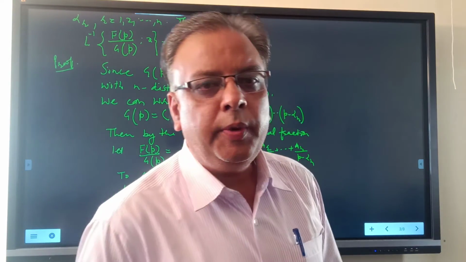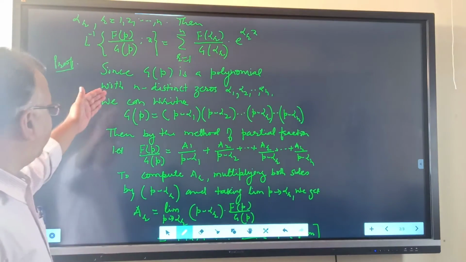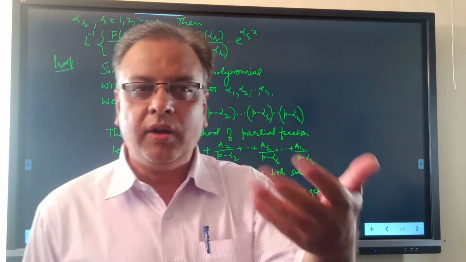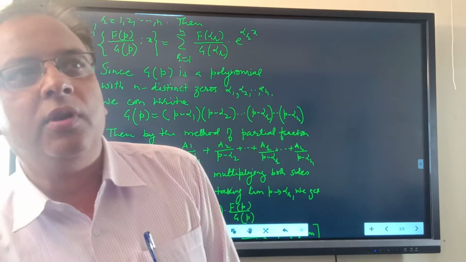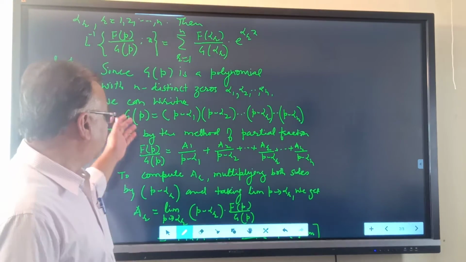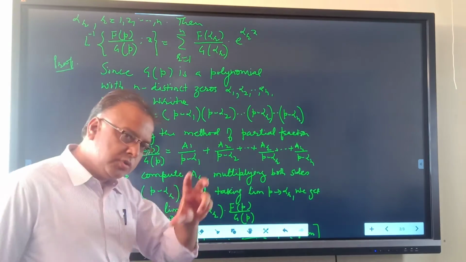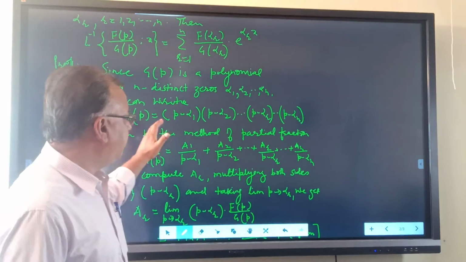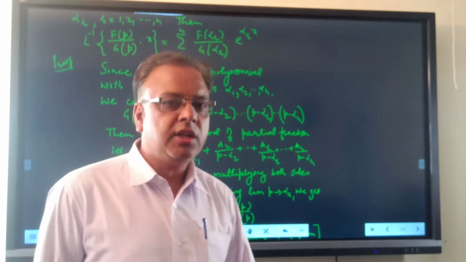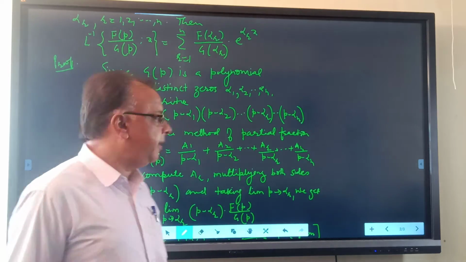since the denominator function G(p) has n distinct zeros, G(p) can be written in this form. If alpha 1, alpha 2, alpha 3, alpha r, up to alpha n are the zeros of this function, then G(p) can be written as p minus alpha 1 into p minus alpha 2 into p minus alpha r into p minus alpha n.